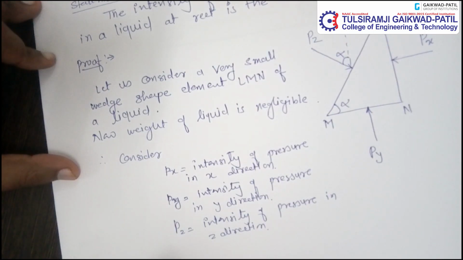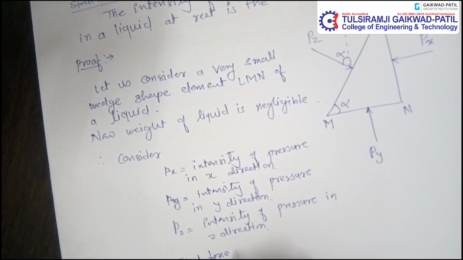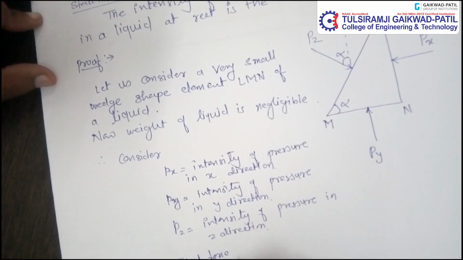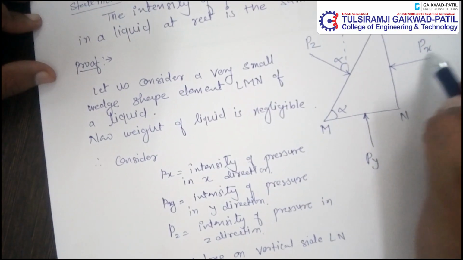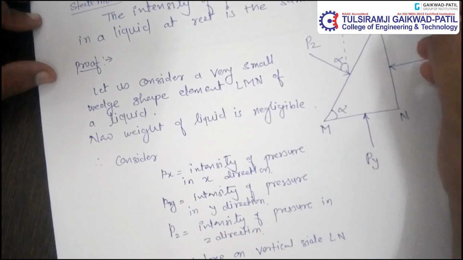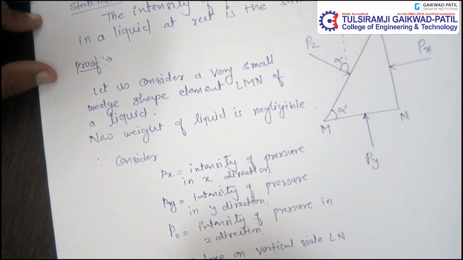Now this capital Px be the total force on vertical side LN. So this is the total force which is acting on the side of wedge-shaped element LN.